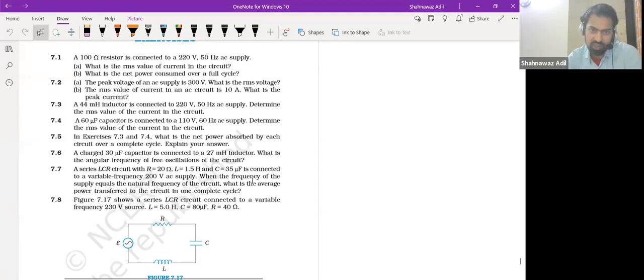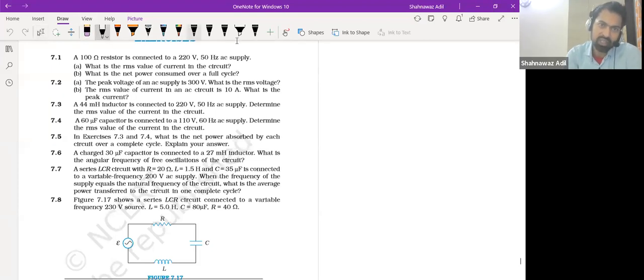When the frequency of the supply equals the natural frequency of the circuit, so now the frequency is omega naught. Then we have to calculate what is the average power transfer to the circuit in one complete cycle, right? So you guys please calculate that and tell me what would be the solution.